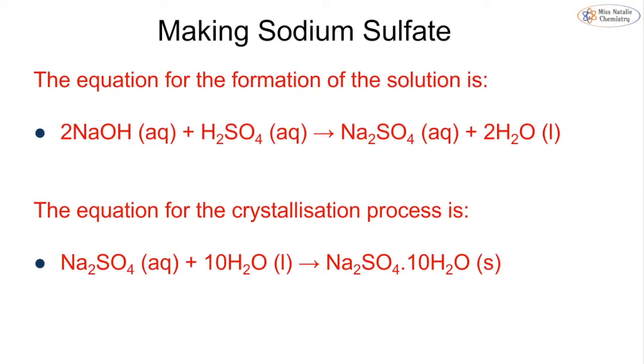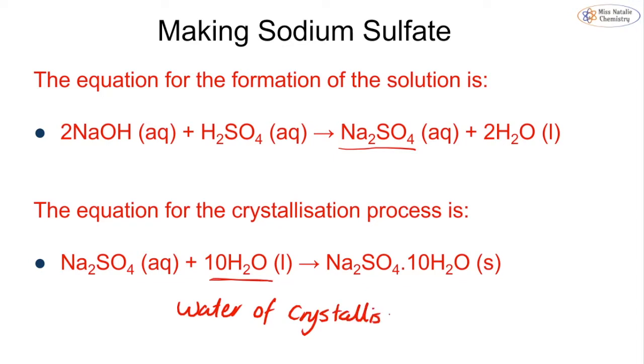So the formation of this solution is going to be as follows, where we've got our sodium hydroxide reacting with our sulfuric acid to make our sodium sulfate. And then as we crystallize the sodium sulfate, we're going to have the water of crystallization in our equation.